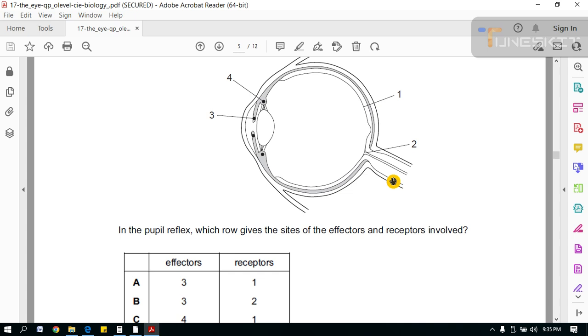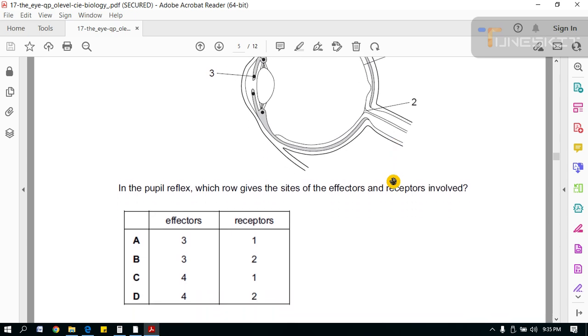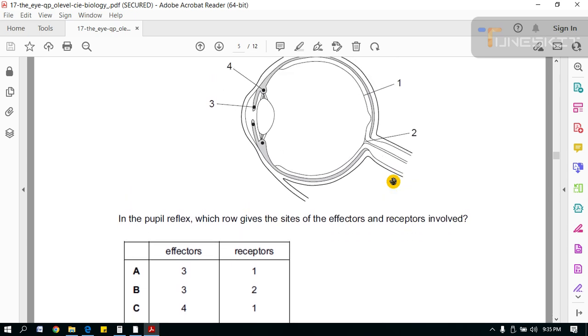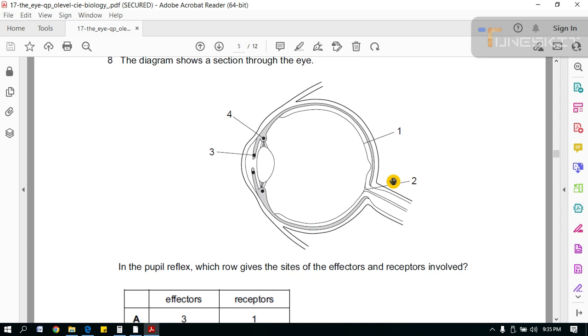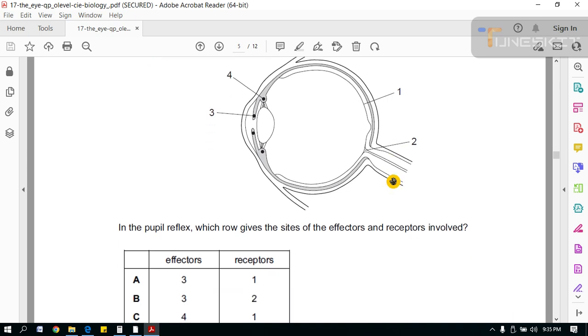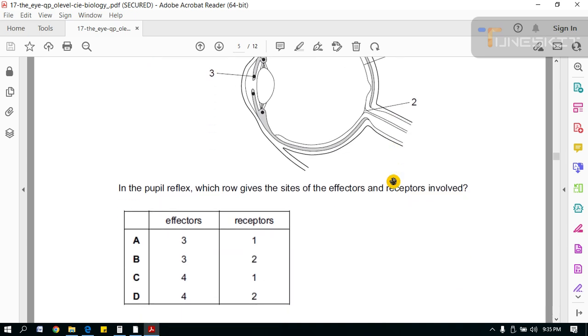Effectors are always muscles, so option 4, labeled as ciliary muscles, is the effector. So it is 4 and 1, it means option C is correct, right?